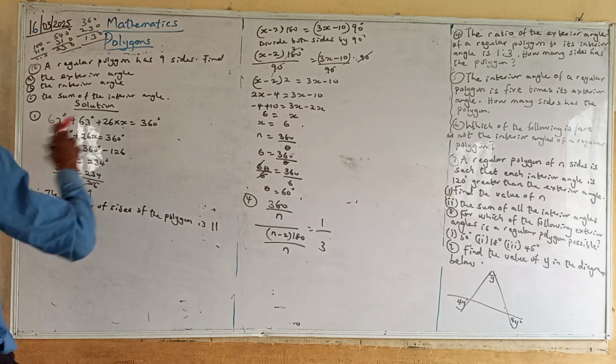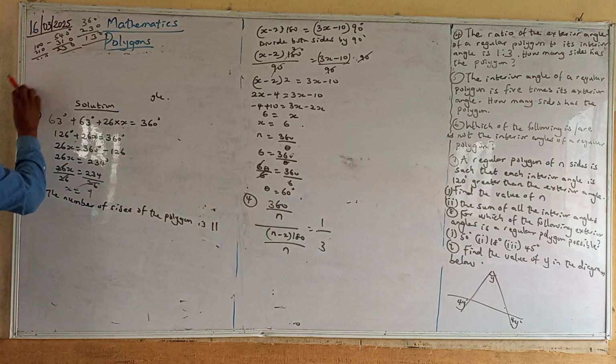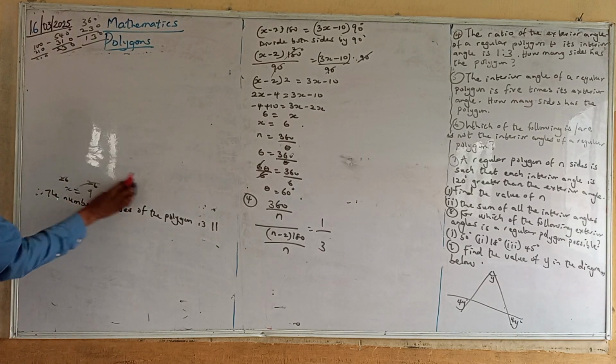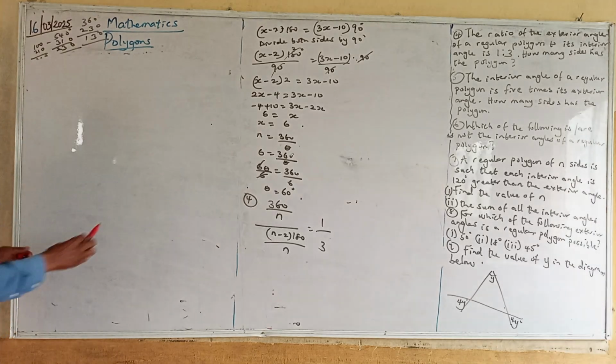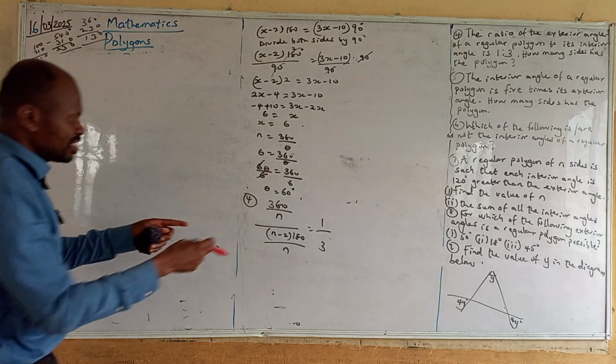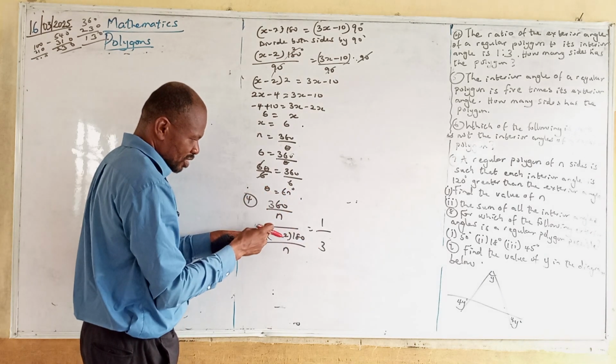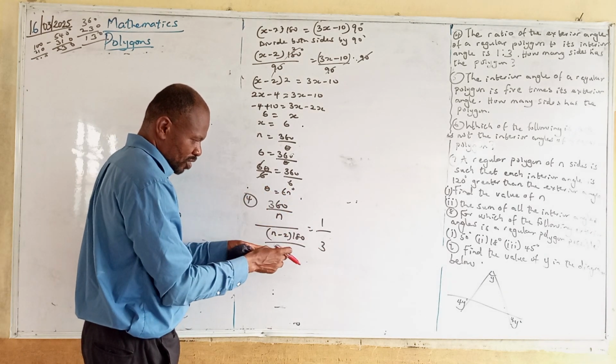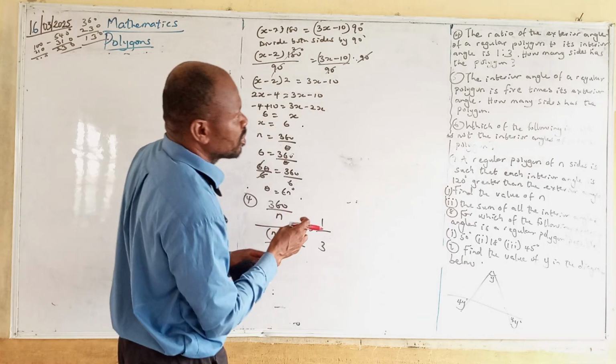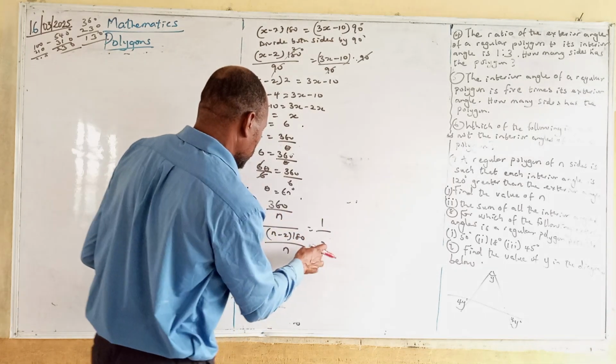Okay, let me clean this side, and I have a space. So this is each exterior angle of a polygon, and this is each interior angle of a polygon. We divide by n as well. So the ratio we have been told is what? 1:3.